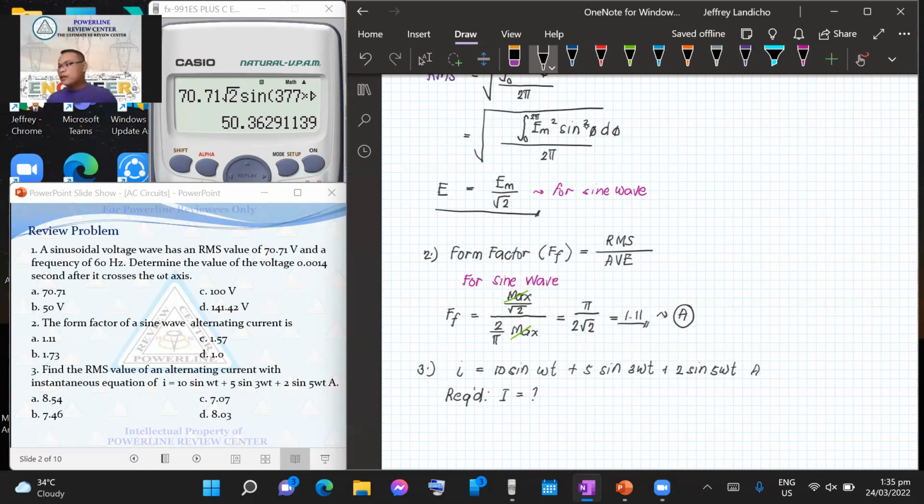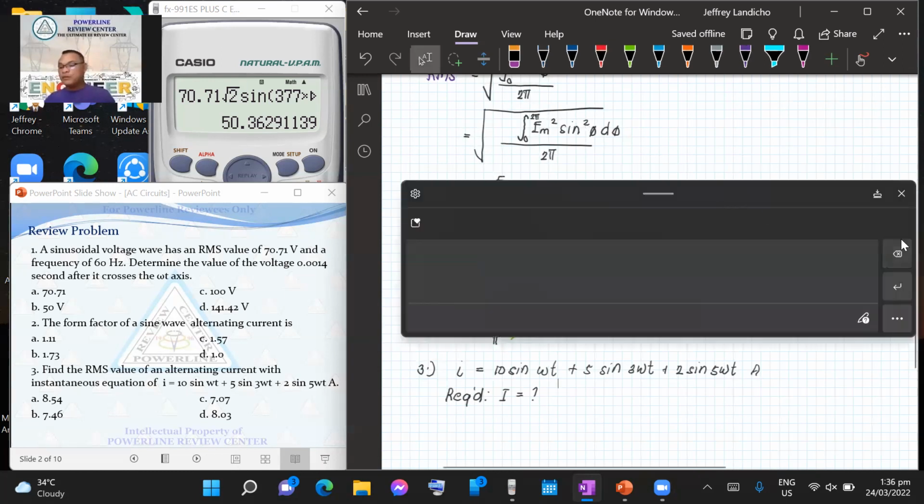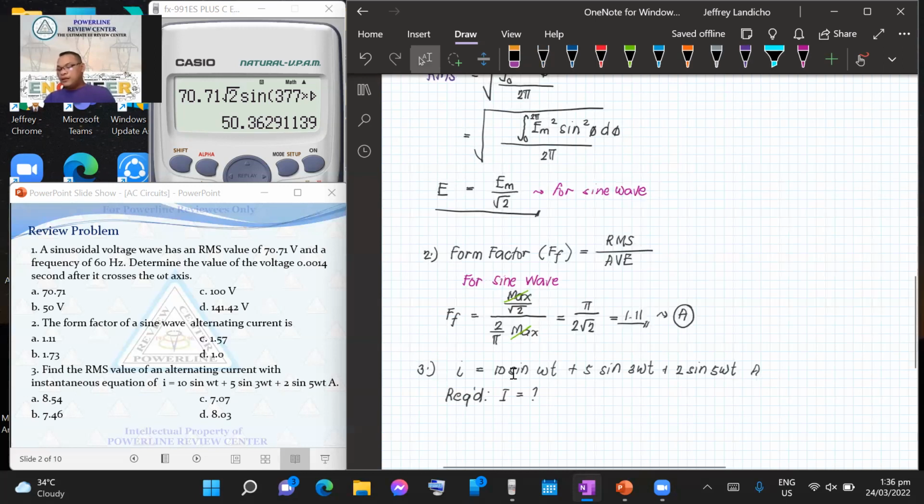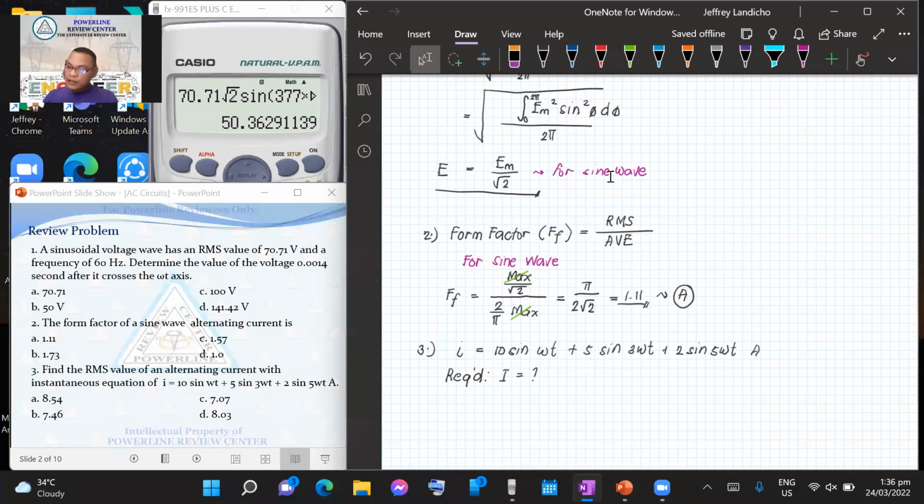So to get the RMS value or the resultant RMS value for this waveform, the derivation is also by integration. Nga lang medyo mahaba-haba pag in-integrate pa natin, ano, since sine wave yan. So pwede nating i-generalize. Ang tawag natin dyan is complex waveform, or sa iba, sa EE natin, ang tawag natin is mga harmonics.